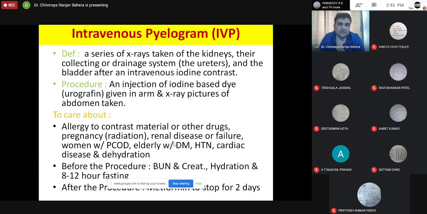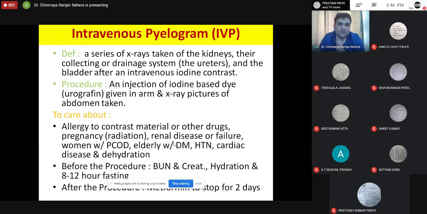It is intravenous pyelogram. A series of X-rays are taken of the kidney and the collecting system, that is the ureter and the bladder. When you take the series of X-rays, you inject an iodine based dye, that is urografin, through the vein, and then you start taking a series of X-rays at intervals of 0, 5, 10, 20, 30 minutes.